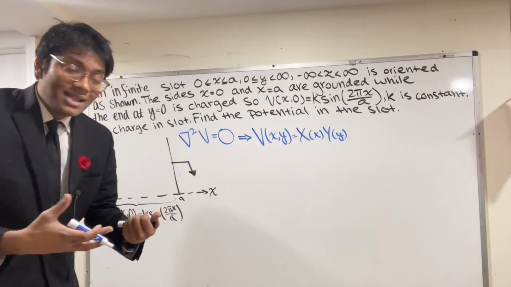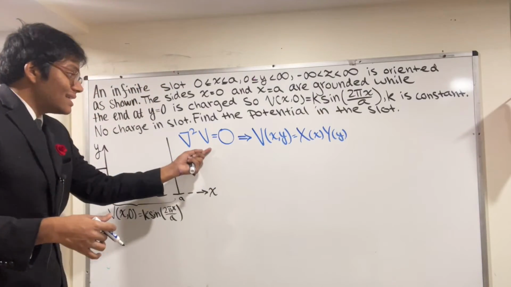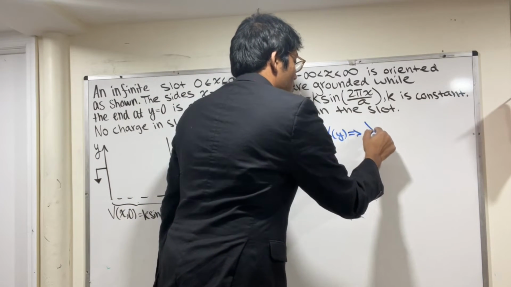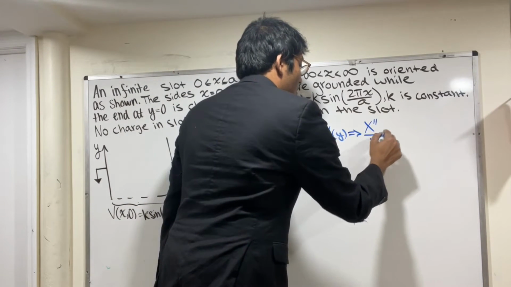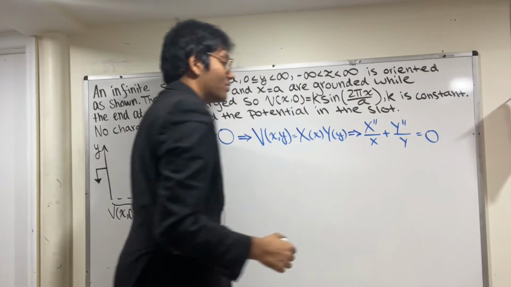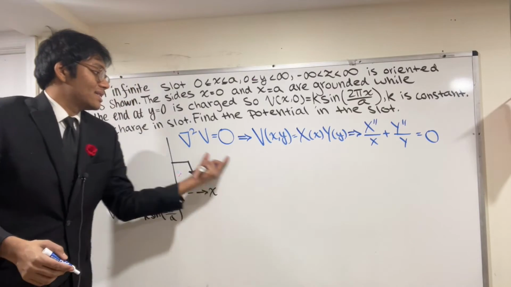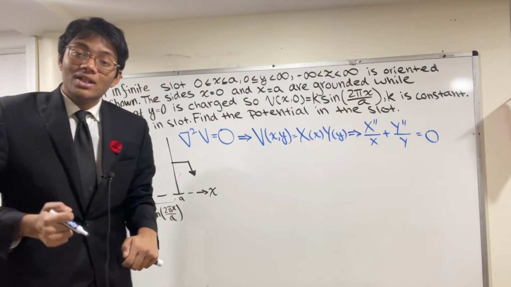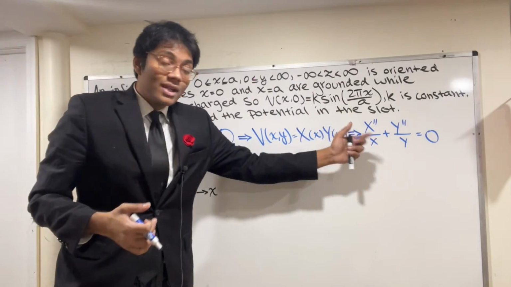And after we made that and plugged this back into here, what did we get? We got this equation: X double prime over X plus Y double prime over Y equals 0. After we plugged this into this, that's what we got. Just rewind back to yesterday's video and you'll see how we got this.